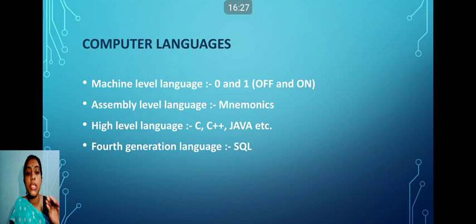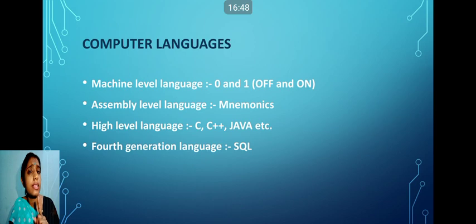Assembly level language has to be converted, because this is not in 0 and 1, and the computer only understands 0 and 1. So it becomes very important to make our computer understand what instruction I am giving, because if I give the instruction in assembly level language, the computer doesn't understand that.